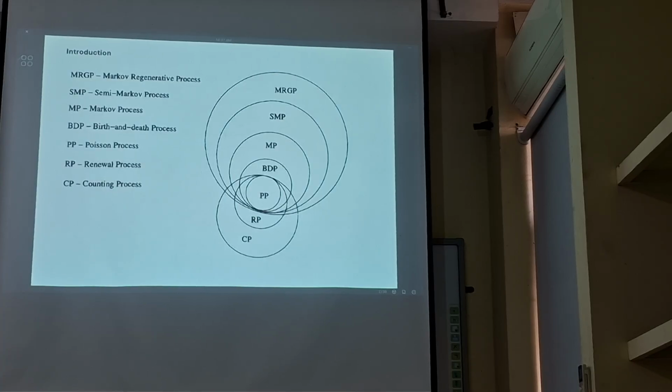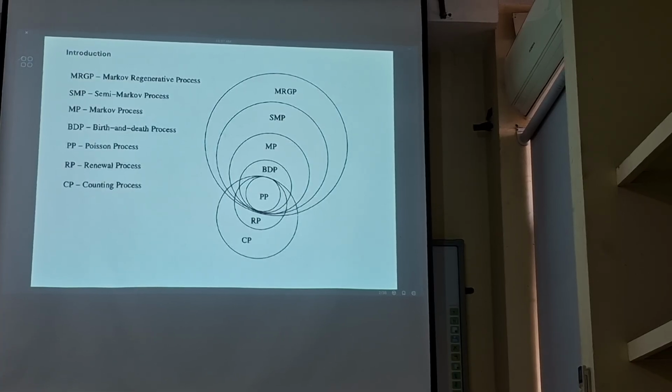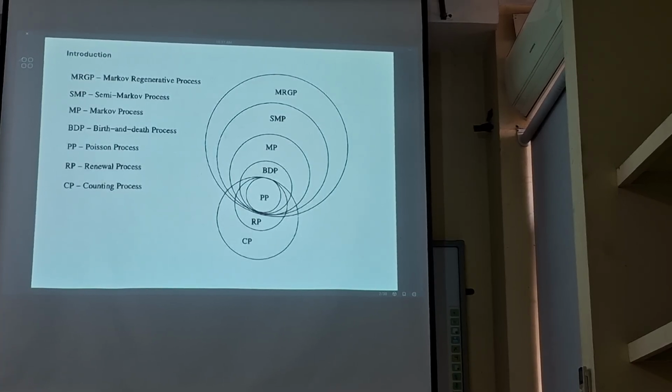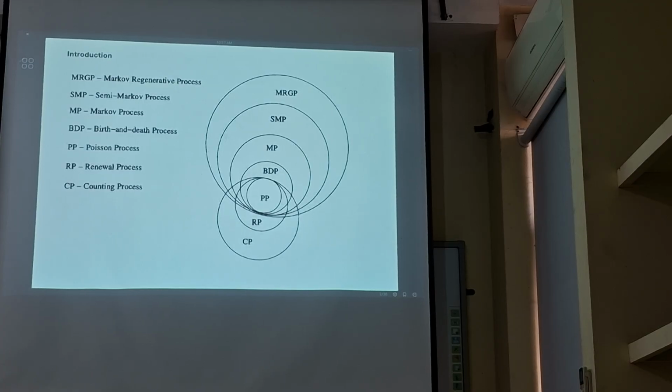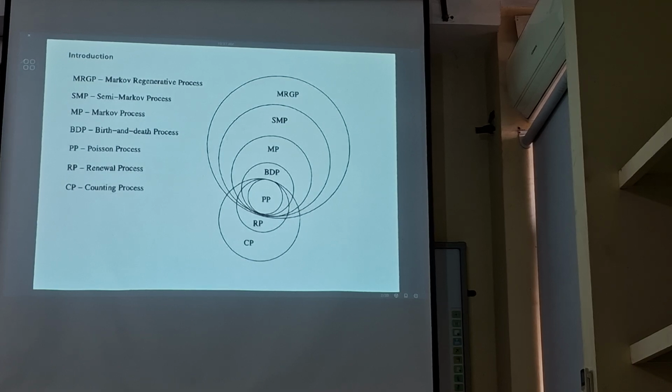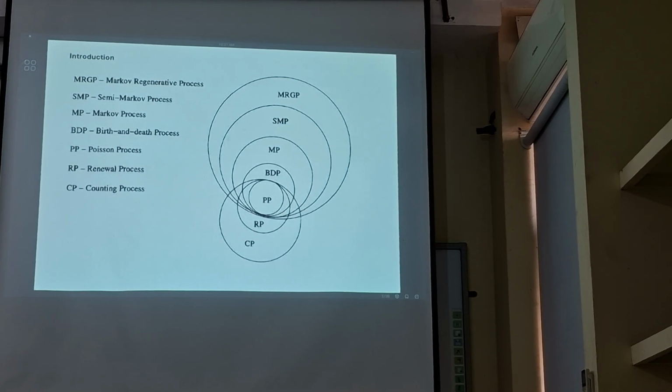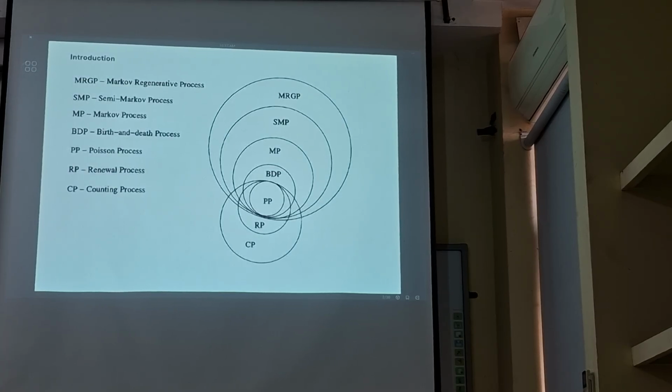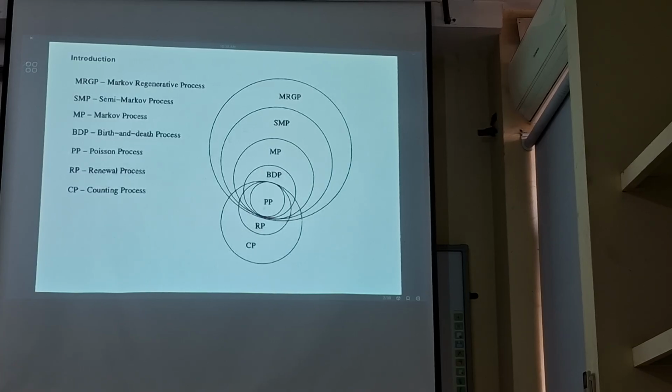These are the processes that are part of Markovian systems. And you can see whenever a circle covers a number of processes, that means all those processes belong to that set. Look at the heart of the diagram, it is actually PP.